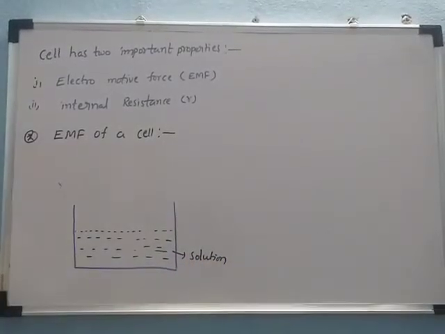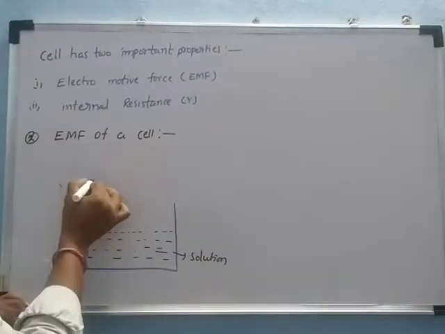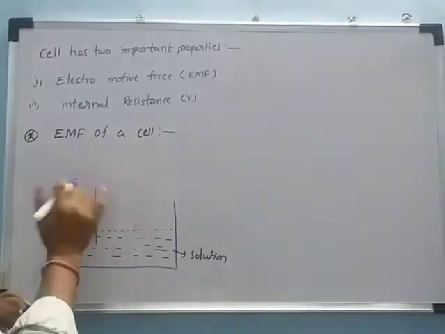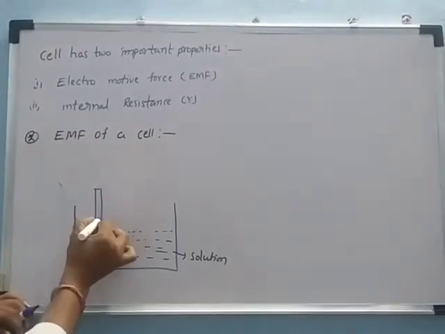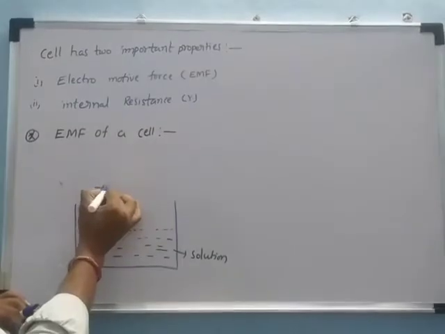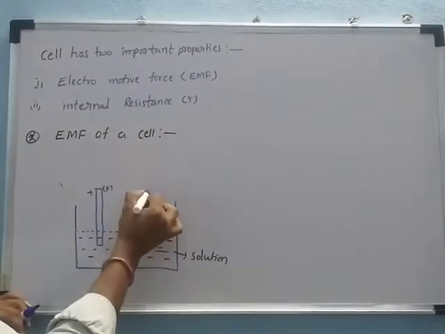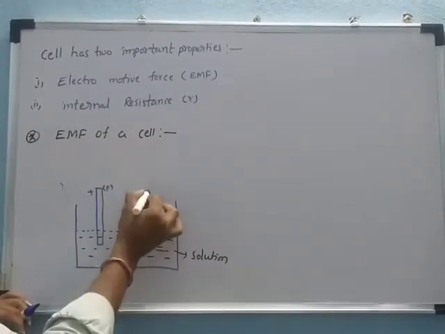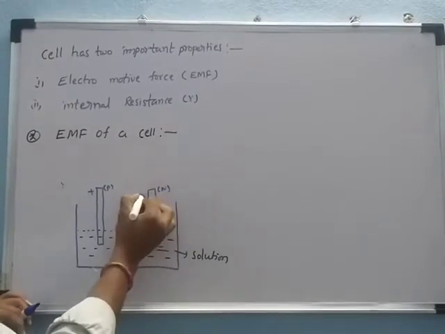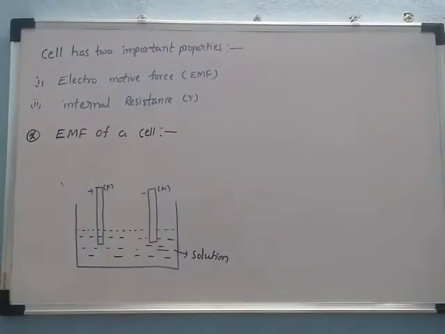The two electrodes are dipped in it. The positive terminal is denoted by P, and the other, the negative terminal, is denoted by N.